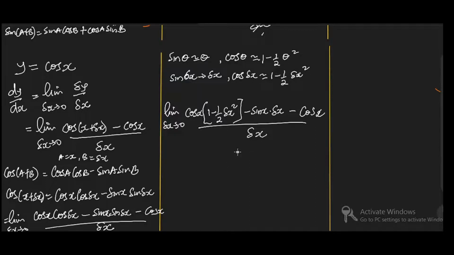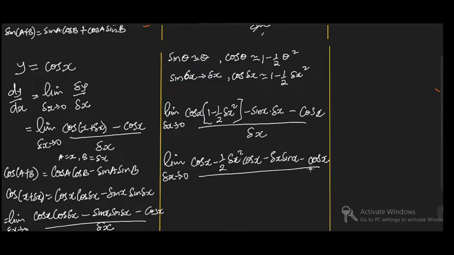So we open up the brackets. We have the limit as the small change in x tends towards 0 of cos x minus a half small change in x squared cos x, minus small change in x sine x, minus cos x, all this out of the small change in x.